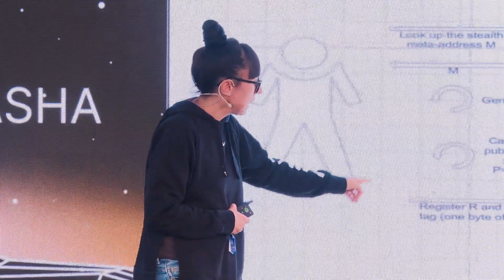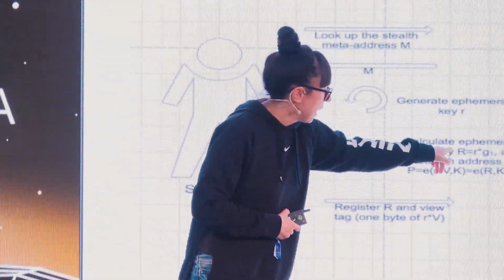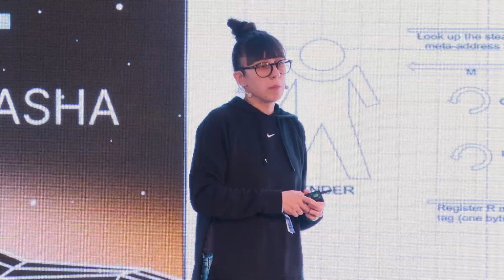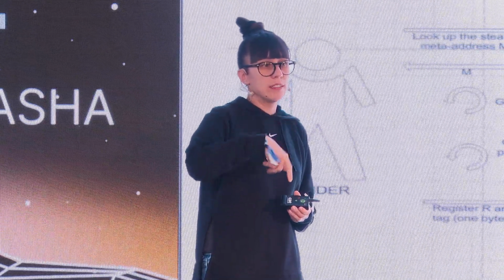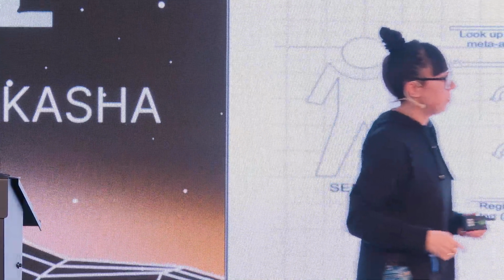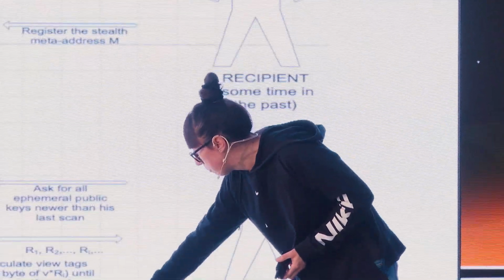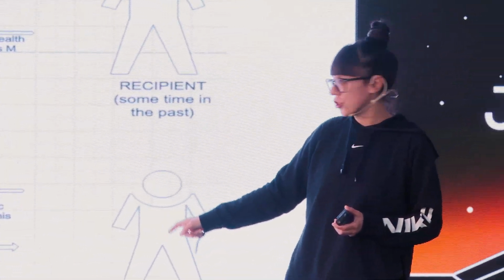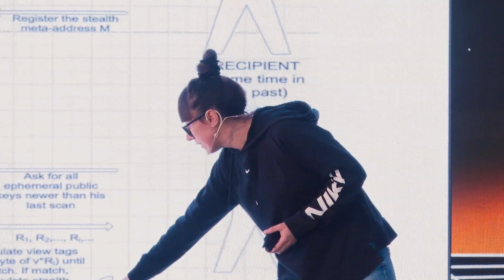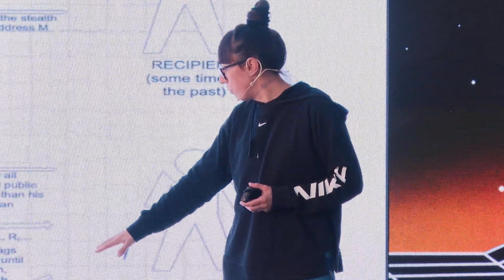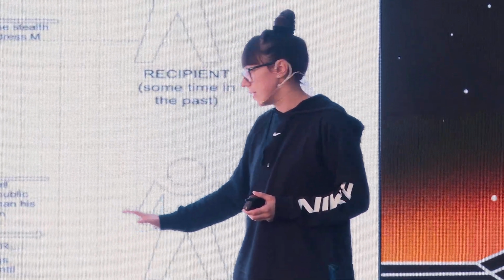Alice will also send to the registry a public key and the share key, 1 byte of share key, as we had before. This is the viewing tag, okay? And Bob will calculate his address, and the private key for this address will be the result of multiplication of numbers in the field, little k and little v. Only Bob knows little k, so this is safe.